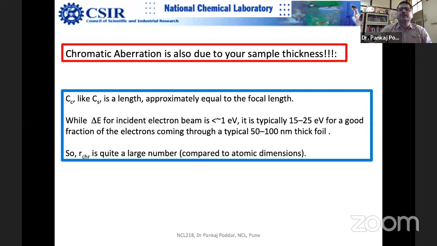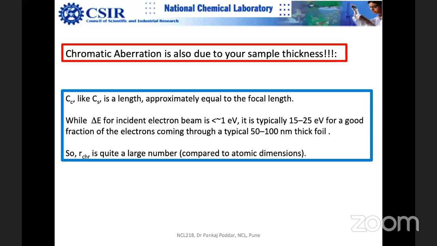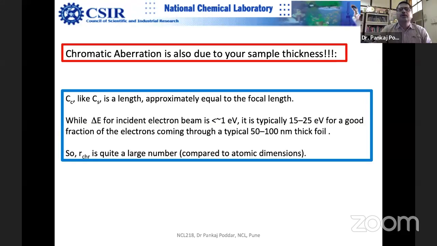The question is, will you still get those lattice fringes? Everything else is the same. Your lenses are the same. Your sample is the same, under the same condition. Your Cs is the same because the lenses are the same.